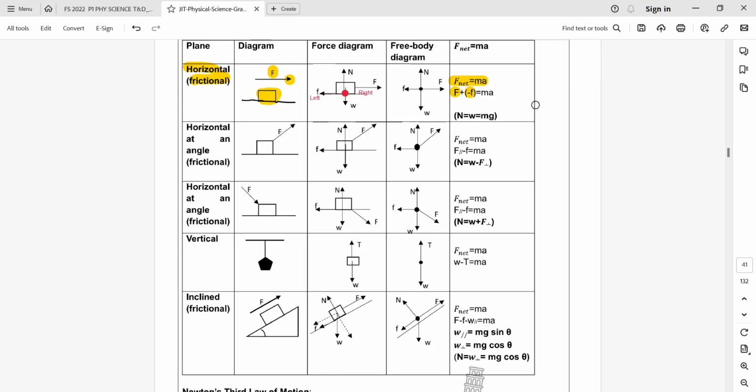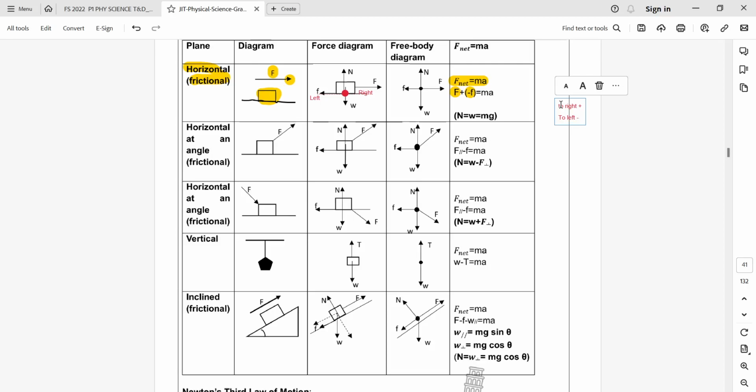So the frictional force is always negative. Why do we consider the frictional force always negative? Because when we take to the right as positive, then to the left will be negative. That's how we always get to the answer.